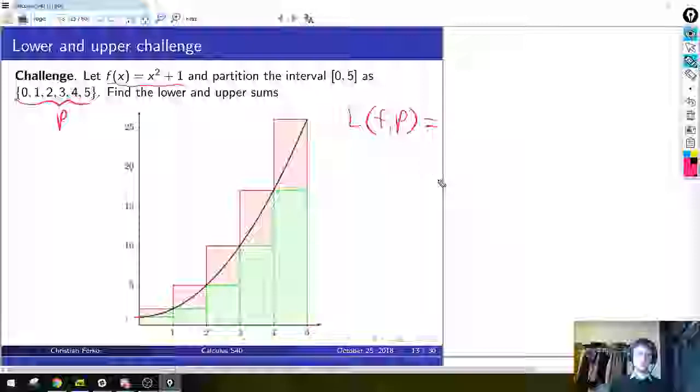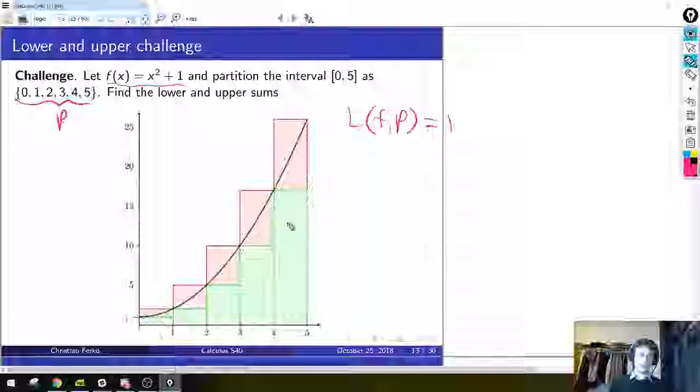Okay, so we are going to be adding up the width between our partition points, which is consistently 1. So we're going to have 1 times f of 0, f of 1 minus f of 0.